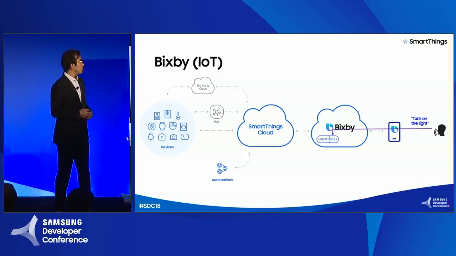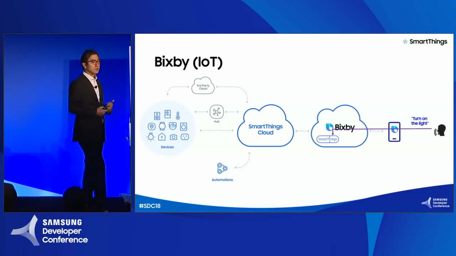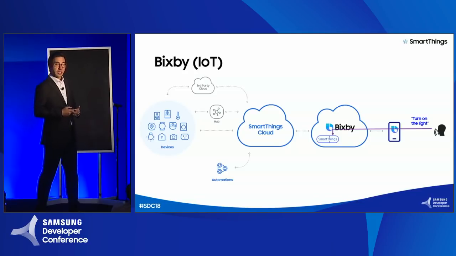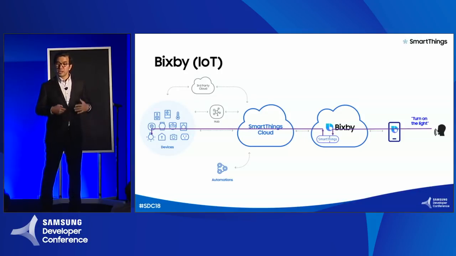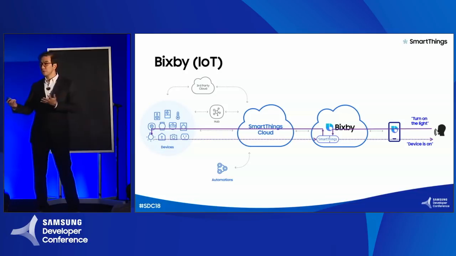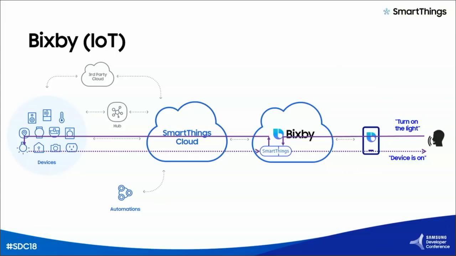Using that information, the SmartThings capsule finds what device and what feature to control and how to control, and sends the command to the target device through the SmartThings platform. And the device is on, then the result goes back to the user through the SmartThings capsule and the Bixby Assistant. Clear, right?